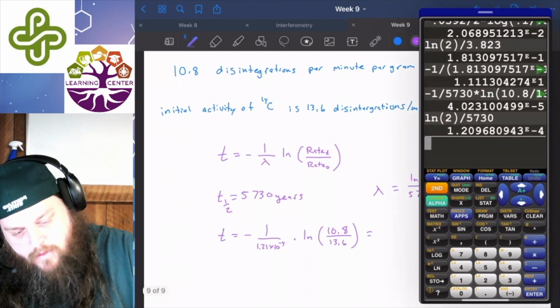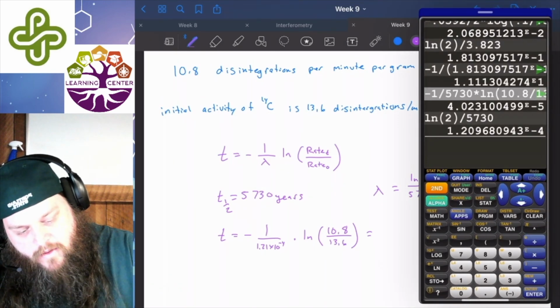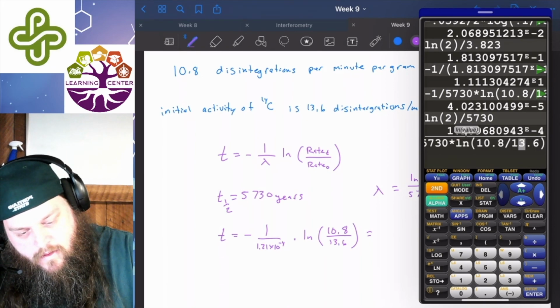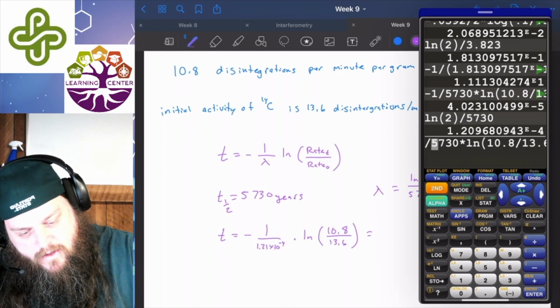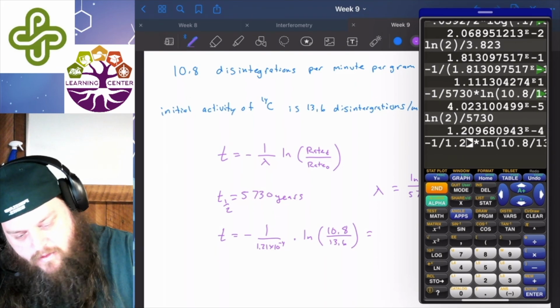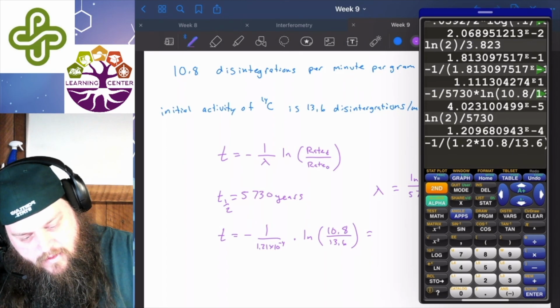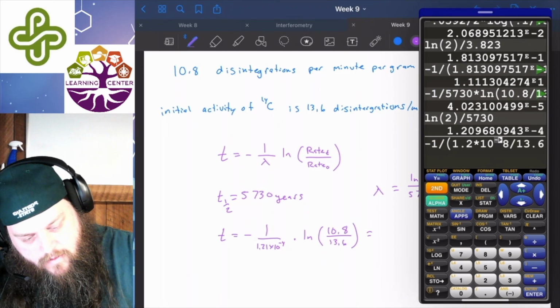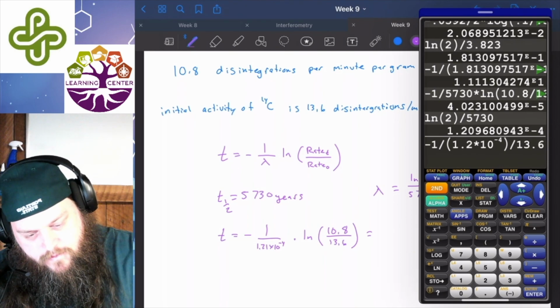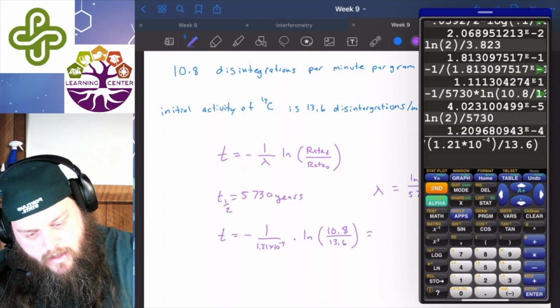I'm just going to go back, grab my equation from before, and change this guy, inserting in 1.21 times 10 to the power of negative 4. I should put parentheses.